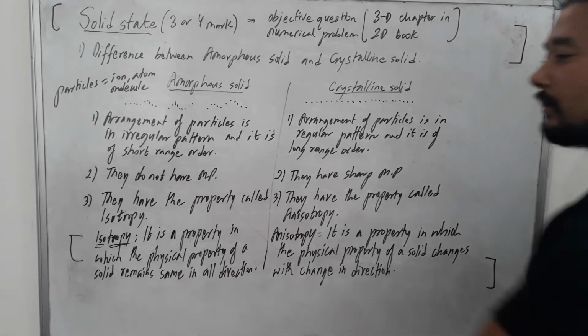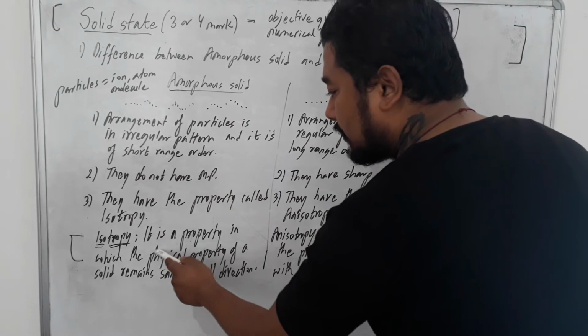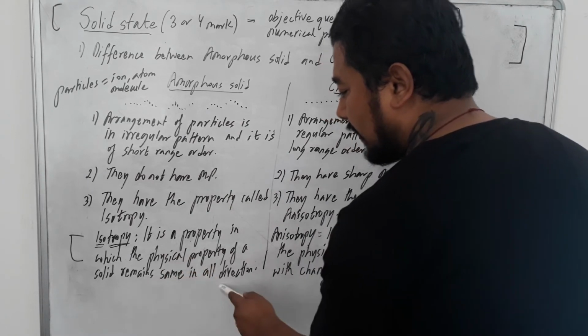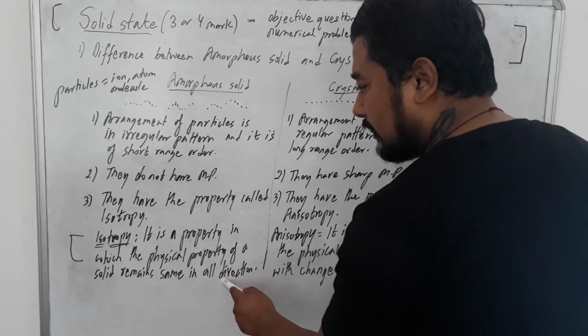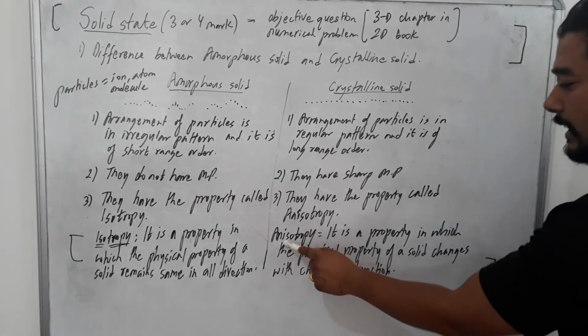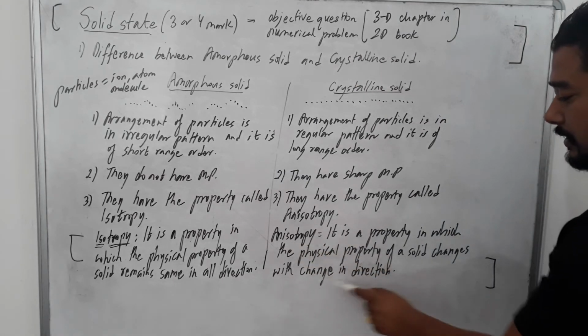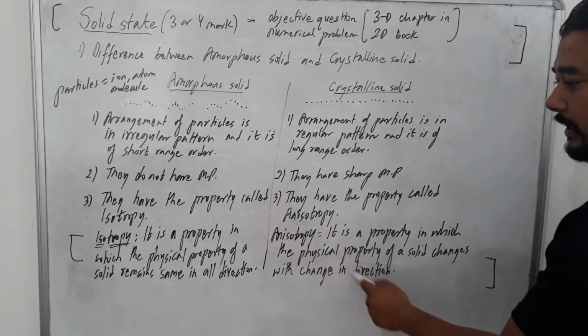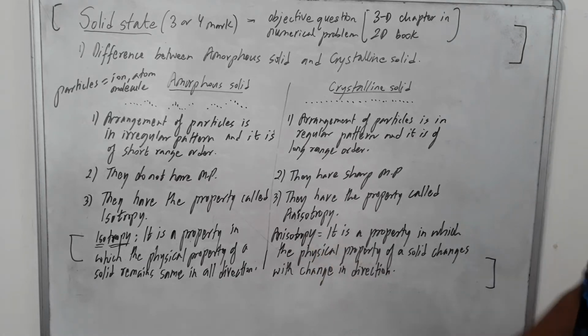In amorphous solids, the physical property remains the same in all directions. All directions means x, y, z, length, breadth, height. Whereas in anisotropy, the physical property changes with the change in direction, meaning along the x-axis, y-axis, and z-axis, the physical property will be different.